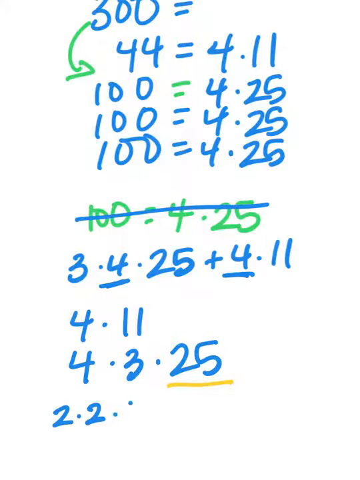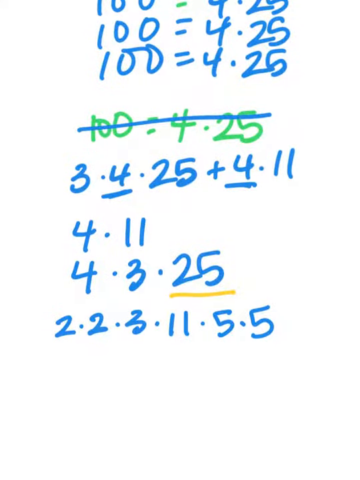And I've got a 3, and I've got an 11, and 25 is 5 times 5. Okay? So now I've got everything down to prime numbers. 2, 3, 11, and 5 are all prime numbers. So I've got 2 2s, a 3, an 11, and 2 5s.